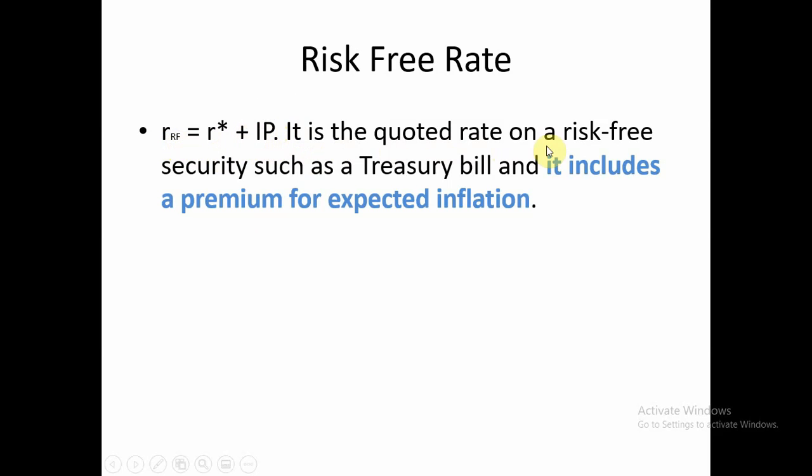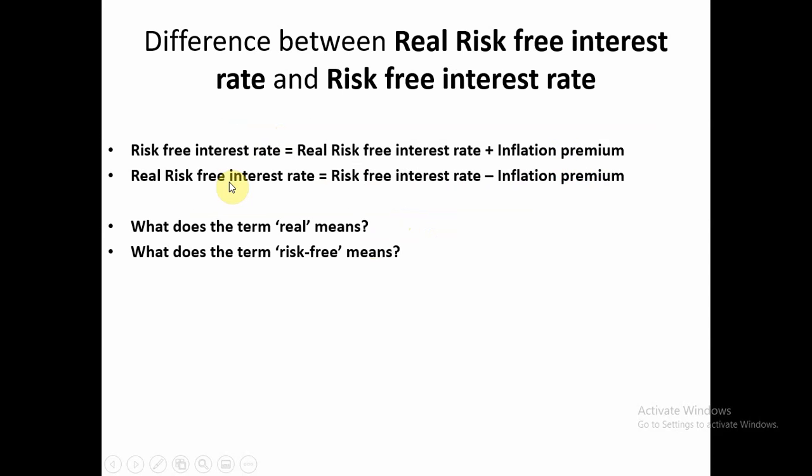So it is the quoted rate on a risk-free security such as T-bills, and it includes a premium for expected inflation. Inflation will not hurt your returns, your security's inflation risk will be zero, and your security will be converted into a risk-free rate security.